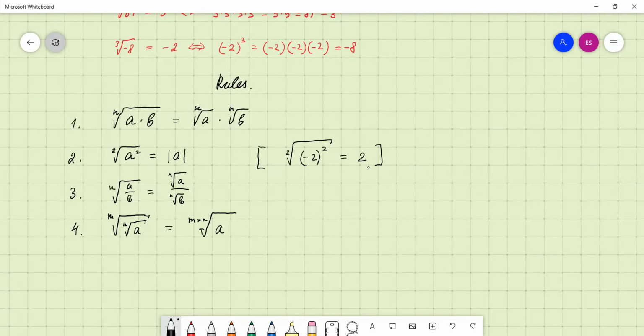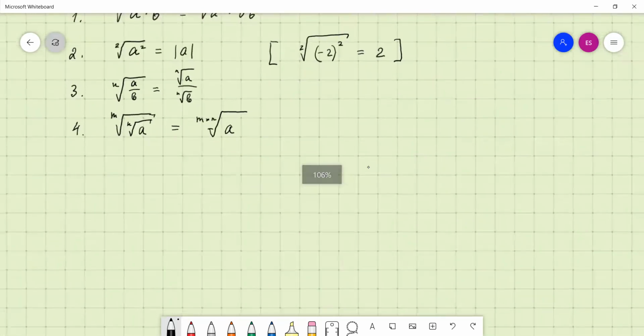Okay. So I'm just going to consider a couple of examples of use of these rules. So let's consider example 1. 4th root of 16 over 81. I'm going to use rule number 3. 4th root of 16 and 4th root of 81.